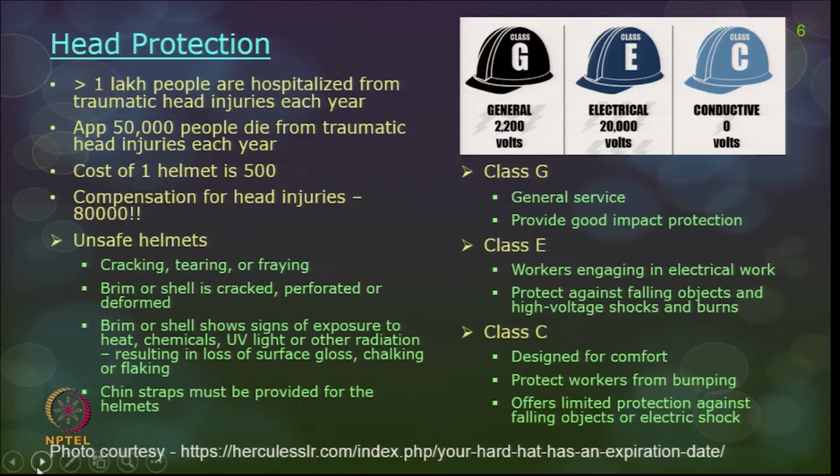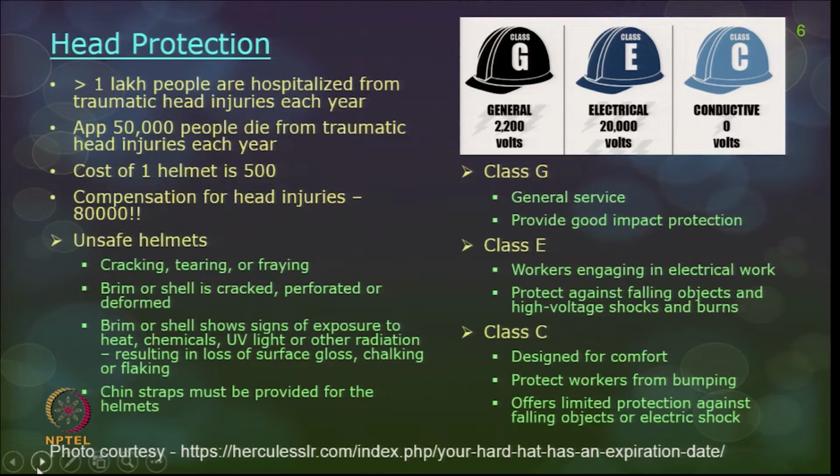And unsafe helmets, what are all considered as unsafe? Any cracking or tearing or fraying on the helmet is considered unsafe, which implies the shining surface of the helmet is lost. It implies it has lost its full strength capacity.